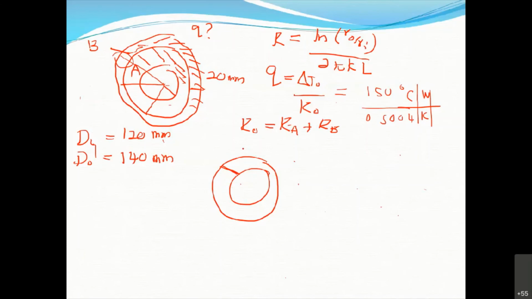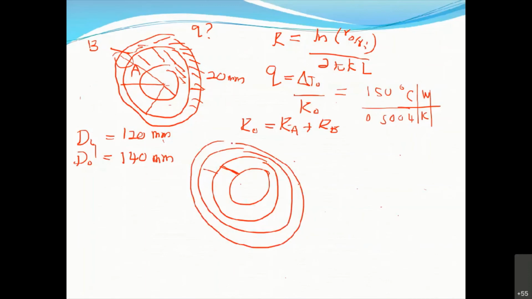And when you put a layer on it, you will have another thickness. Then if you put a layer on it again, you will have another layer of thickness. So if I give you a question like this, you must be able to identify that this is layer A, this is layer B, and this is layer C.